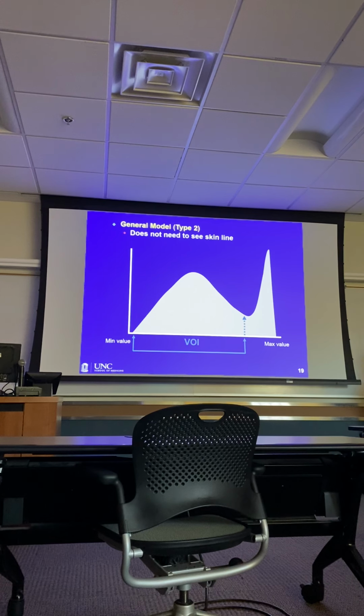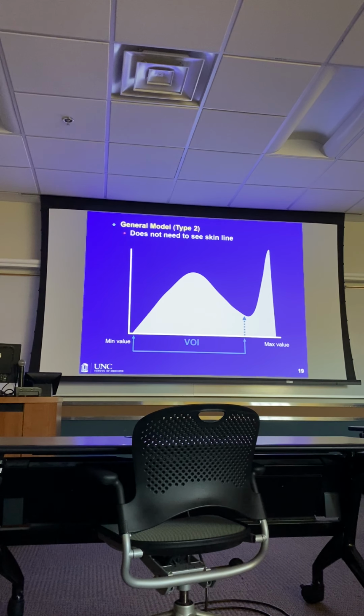So the extremity model drops the anchor, we can call it the anchor, right in the middle of the trough, because that signifies a skin line, and it wants to include that in the processing. This is a type 2 model.